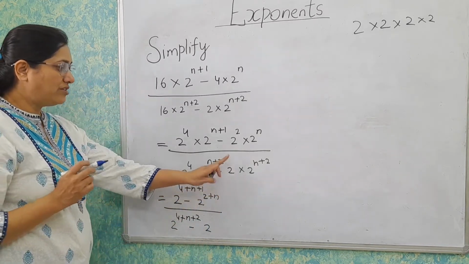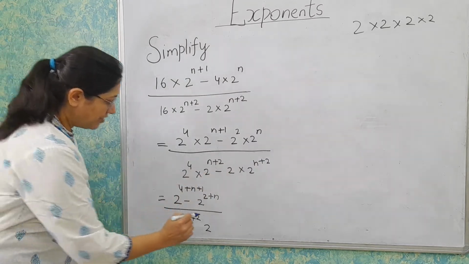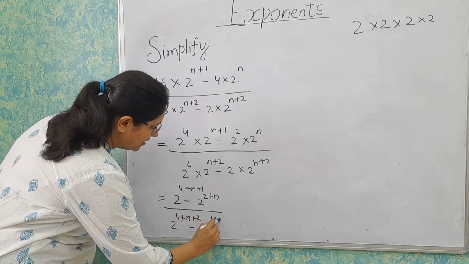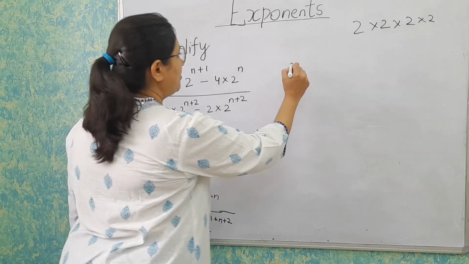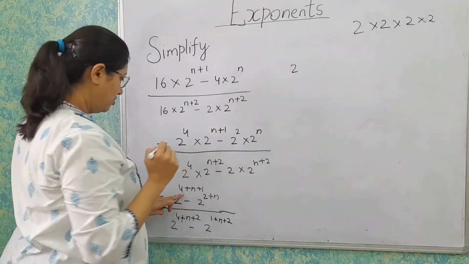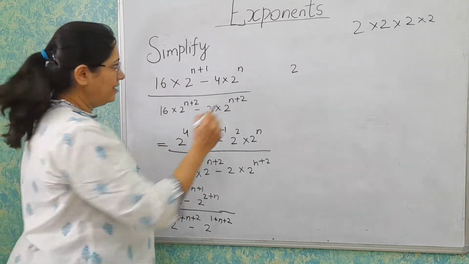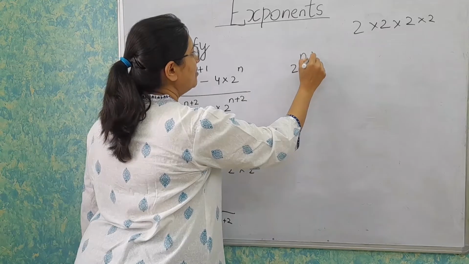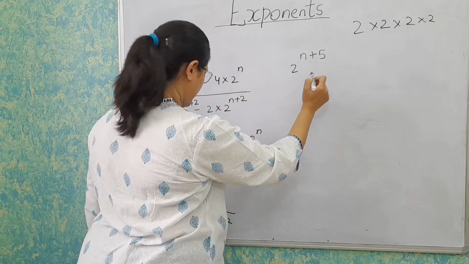See, this 2 has no power but still we can assume it as 1. So first I will write 1 plus n plus 2. So now I will write 2. Now I have to add the exponents. First I will write n, 2^(n+4+1), which is 5.